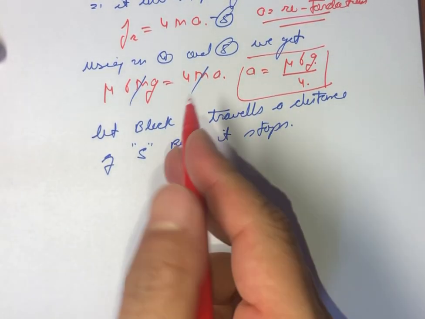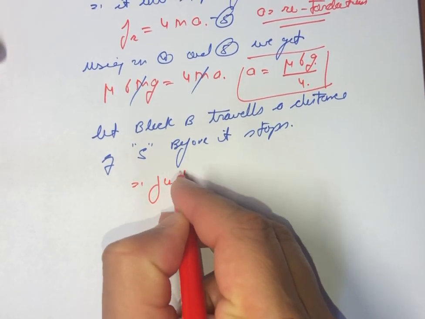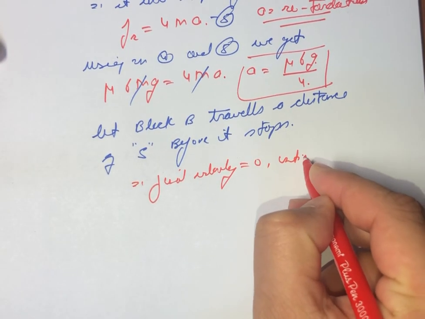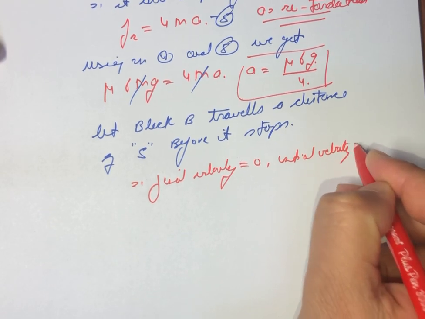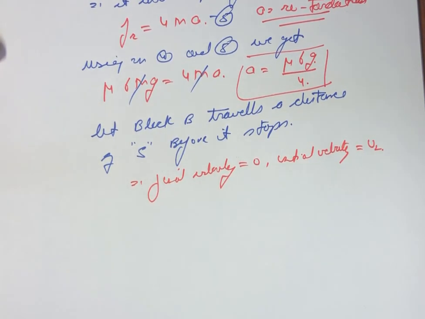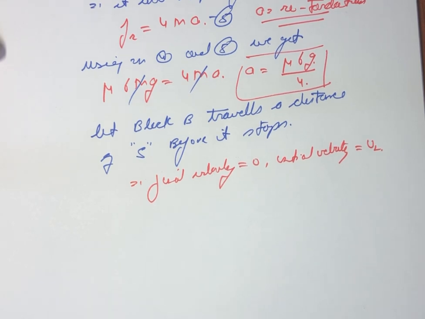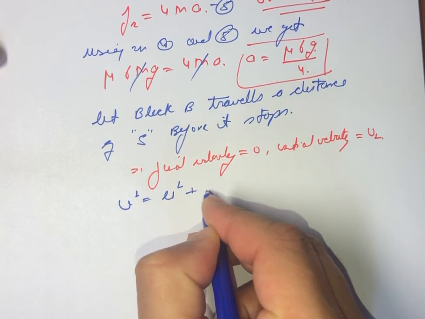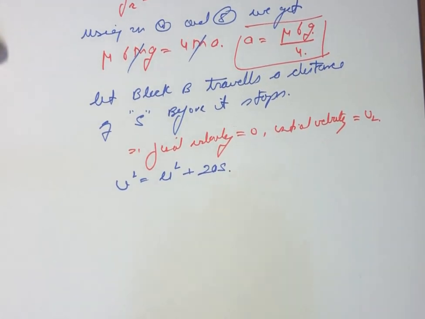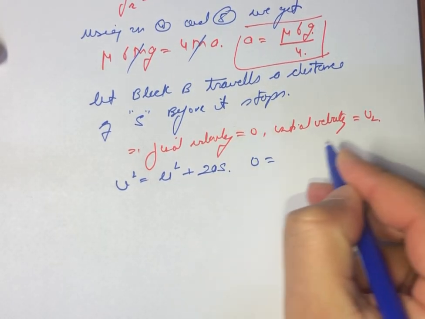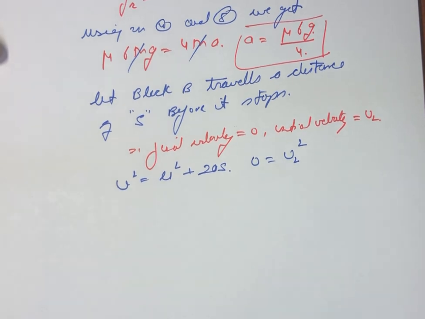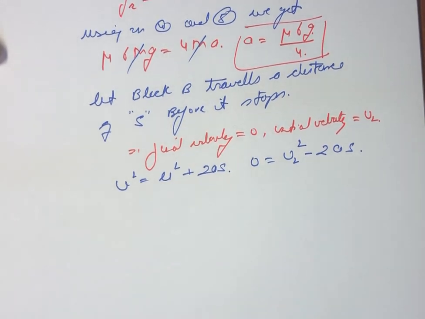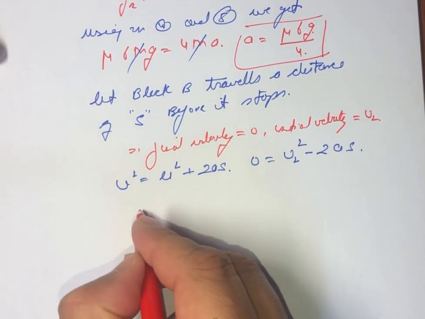As it is going to stop, we can also say its final velocity will be equal to 0, and initial velocity, as we already know, is given as v2. Therefore, we can use the equation v squared equals u squared plus 2as. So final velocity is 0. Initially it is v2. a is the retardation, so minus 2as. So here we can find the value of s.